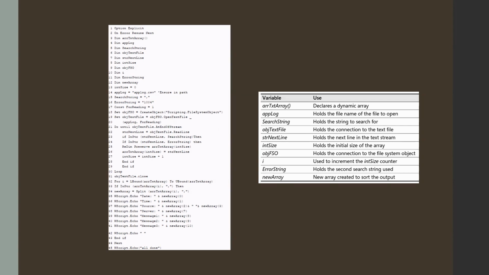What we're expecting on these read-in lines are things like date, time, source, server, and messages. So this first one is reading in the file. The second one is actually manipulating the text found in the file, and it is going to split them by the comma. Finally, we end our if, we go back to our next, and we finish our script.